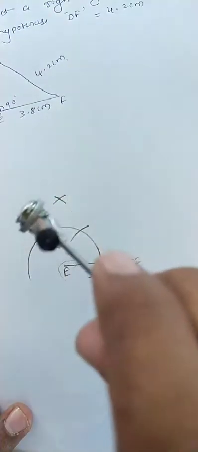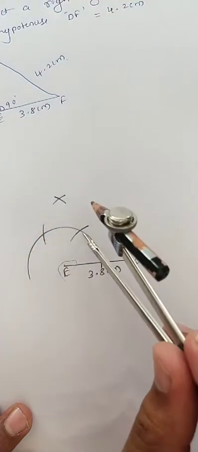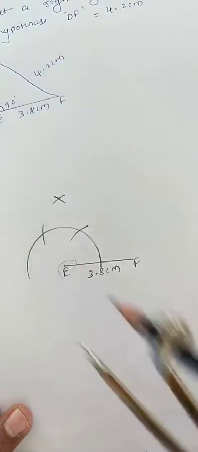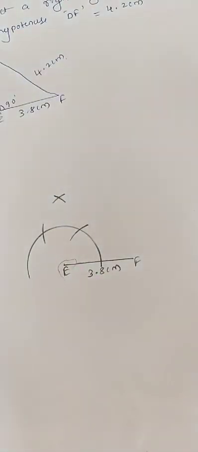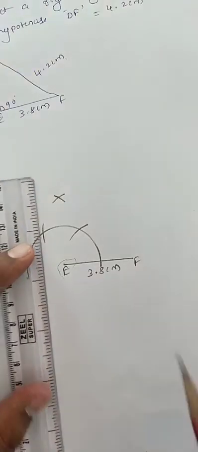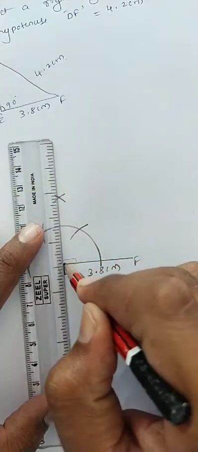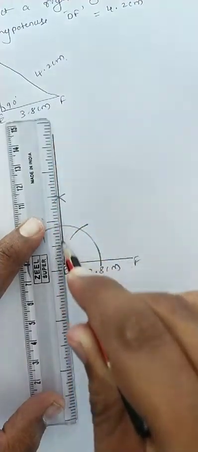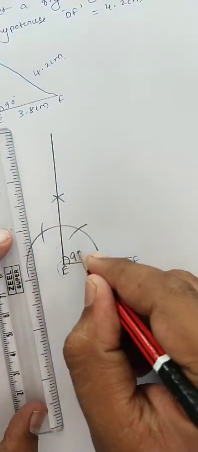So this will be 60 degrees and this will be 120 degrees. From these 2 arcs and these 2 points cut an arc at the upper side, you will get this as 90 degrees. Now extend this line from E. So this angle will be 90 degrees.